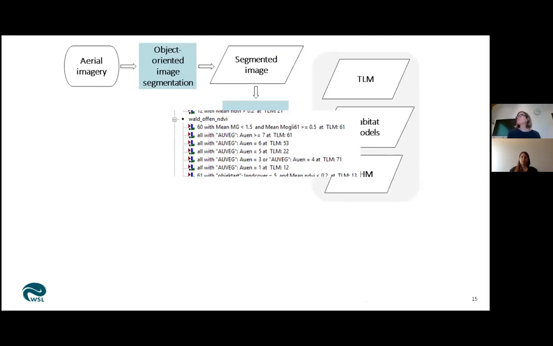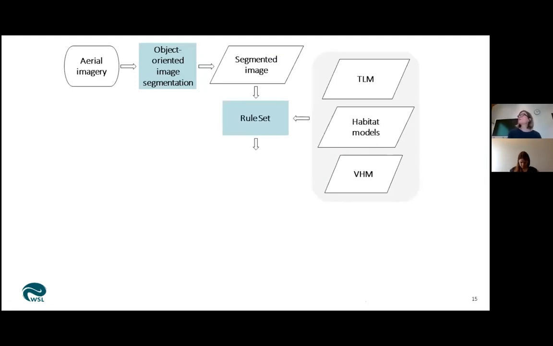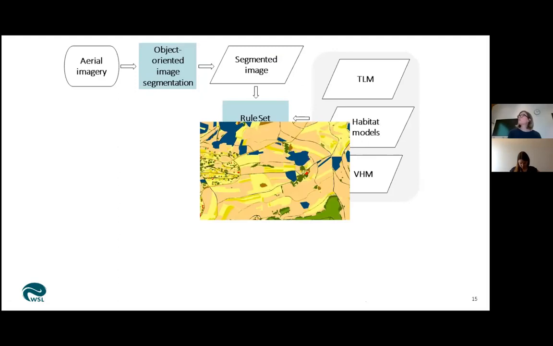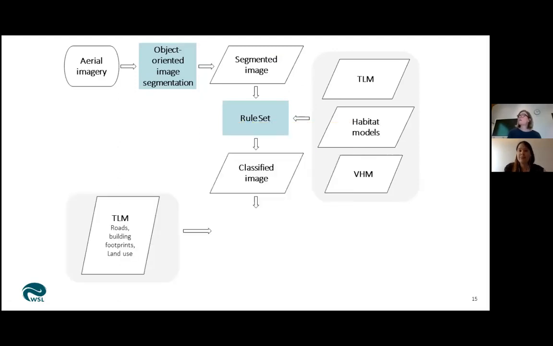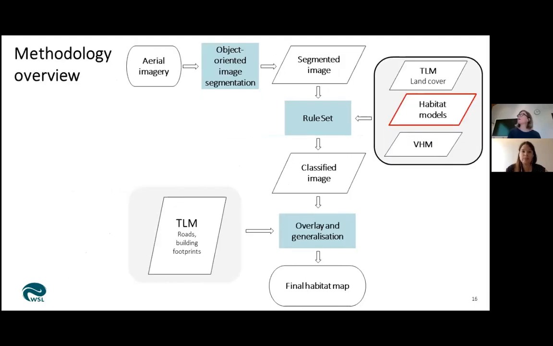That's just an example of the rule set we use within eCognition. We end up with a classified image that would look something like that. And then we overlay that with roads and building footprints and details on land use that we have available from the topographical landscape map. And then we end up with a final habitat map.